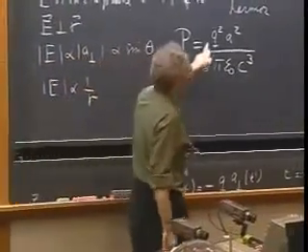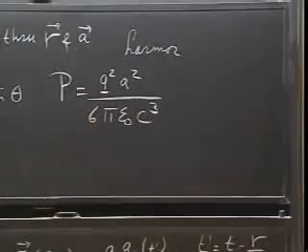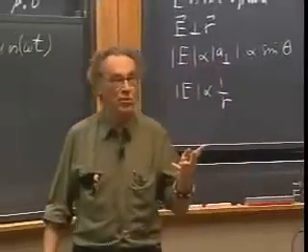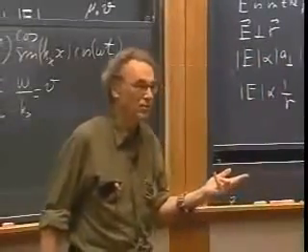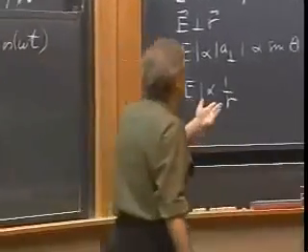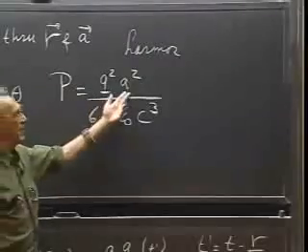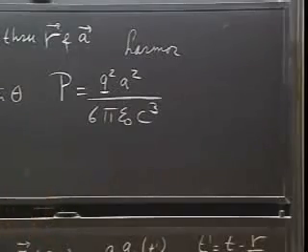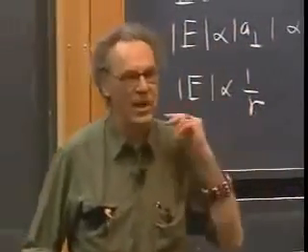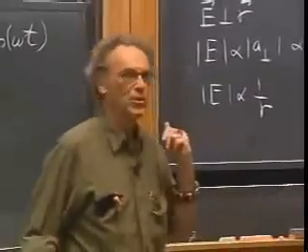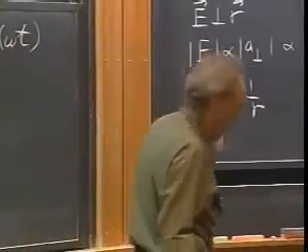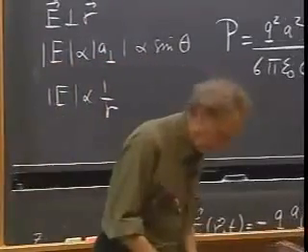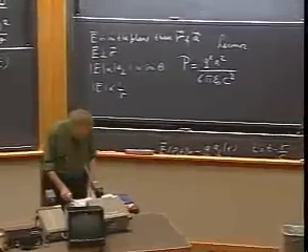It's obvious that it is proportional to Q squared, because E is proportional with Q, so B is also proportional with Q. So the Poynting vector will be proportional to Q squared. It's also obvious that there is an A squared, because E is proportional to A perpendicular, but nevertheless A, and B is also proportional to A. So it's no surprise that you get a Q squared and an A squared upstairs.